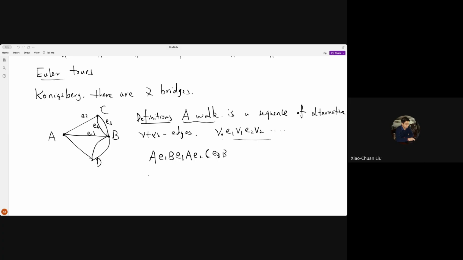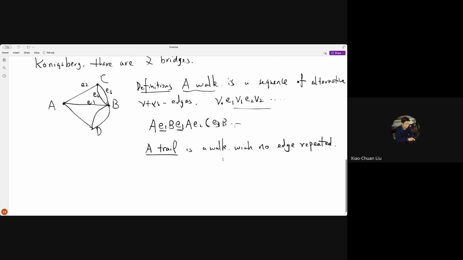Well, a trail is a walk. First of all, it's a walk with no edge repeated. Okay, so for example, here you get E1 again, so it's not a trail.